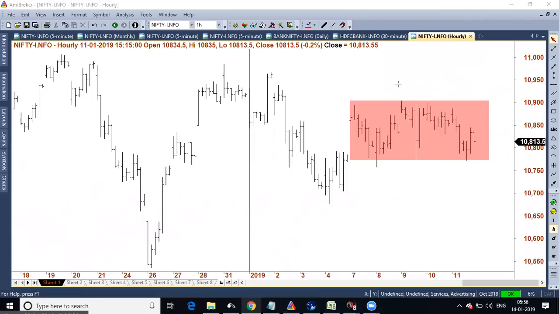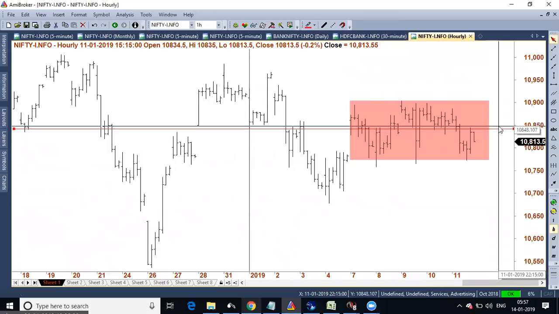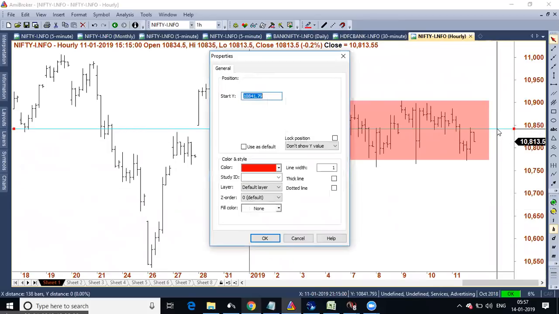The midpoint of the consolidation zone comes around the 10,840 levels. Approximately 10,840 levels is what one has to look out for.